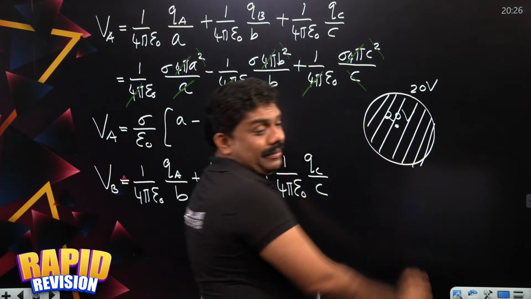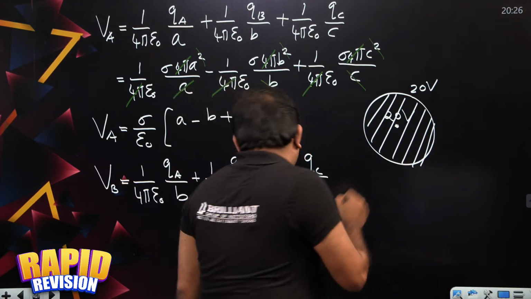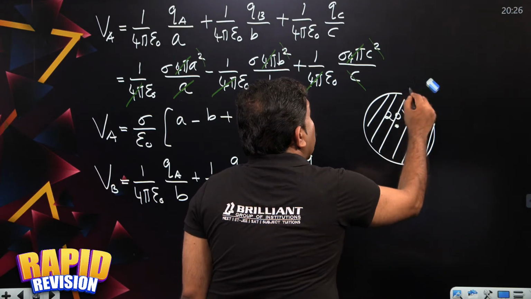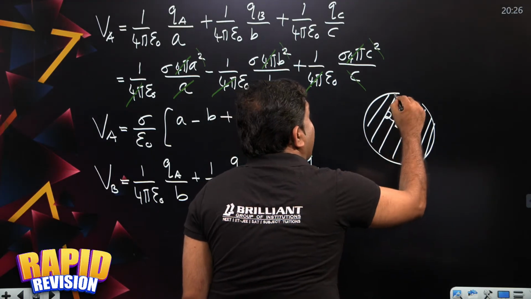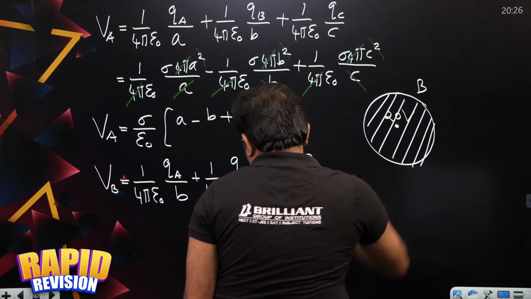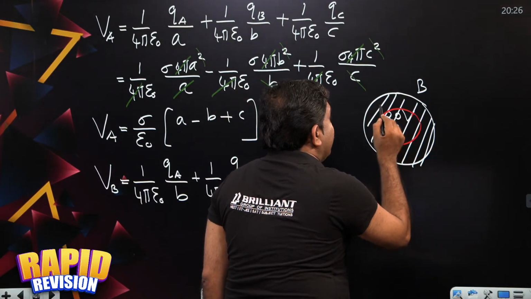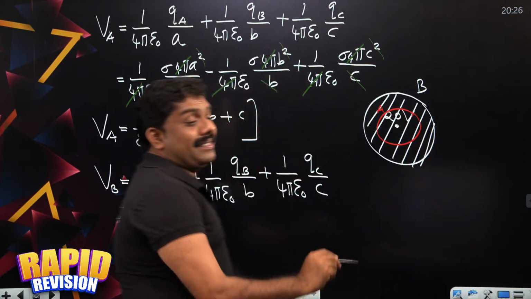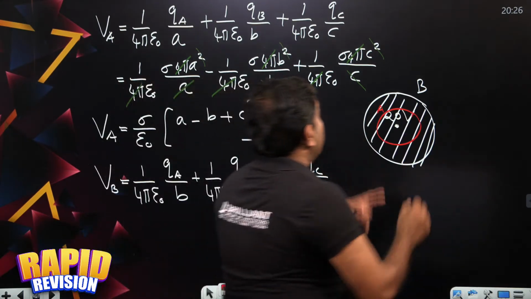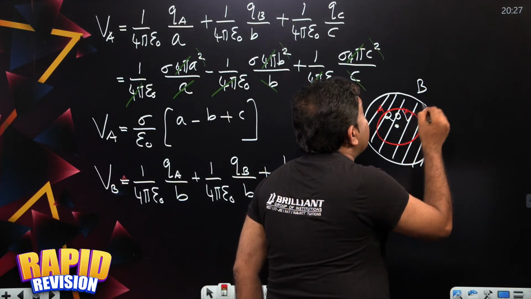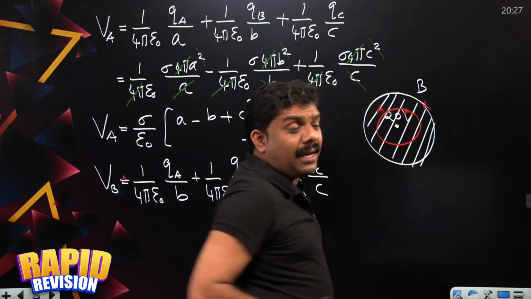I'm talking about shell B here, and shell A is inside. So the potential here will be the same as on the surface of the shell.